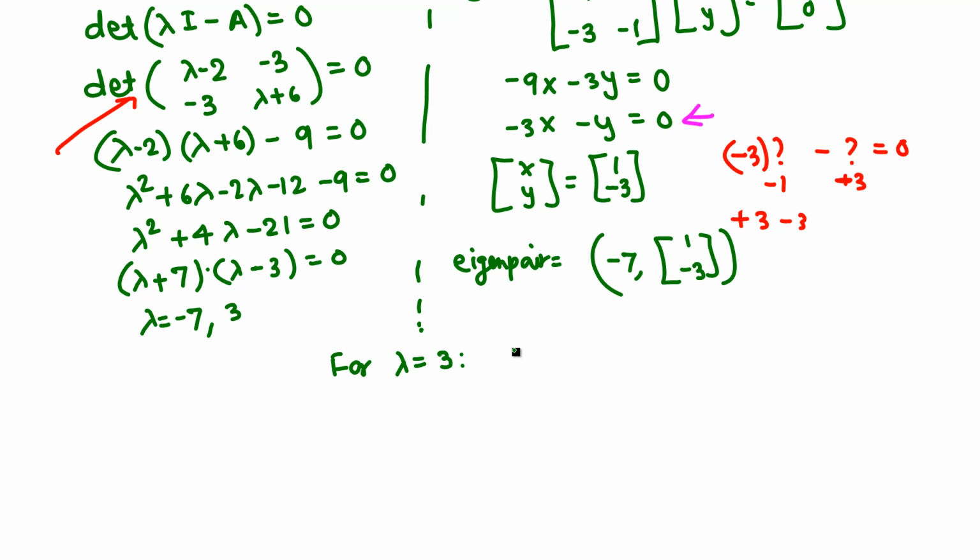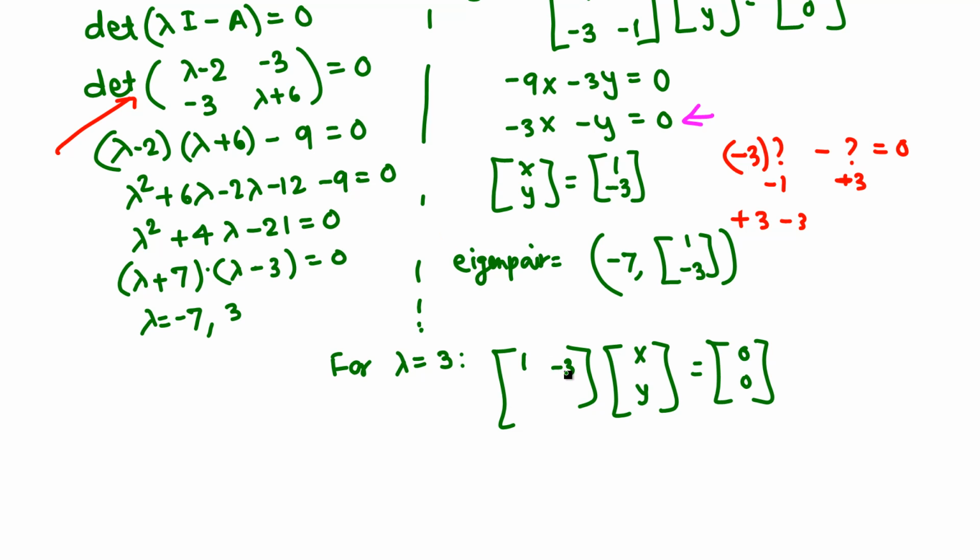So matrix and unknown, we can again write x, y equals 0, 0. Plug in lambda equals 3 here. 3 minus 2 is 1, negative 3, negative 3, 3 plus 6 is 9. Times x, y equals 0, 0.